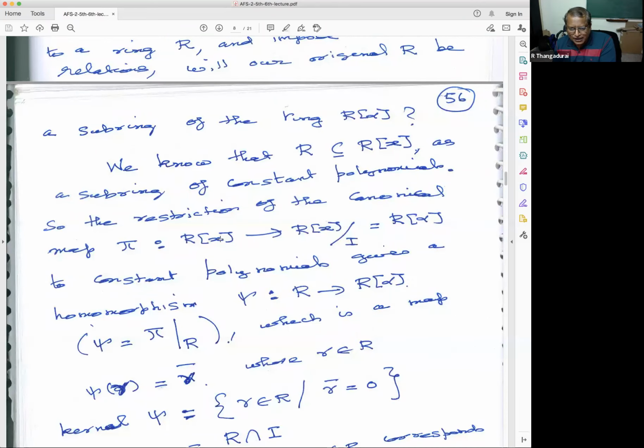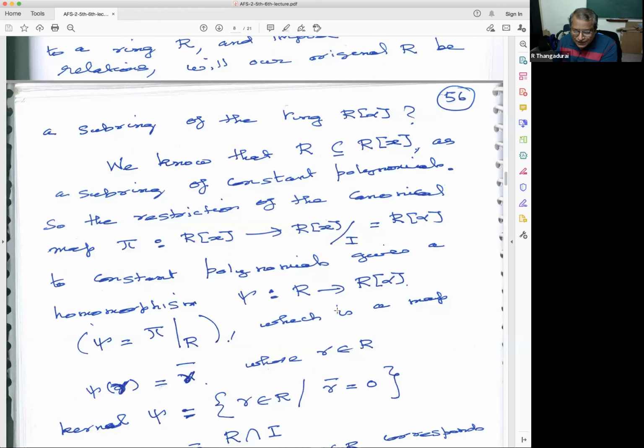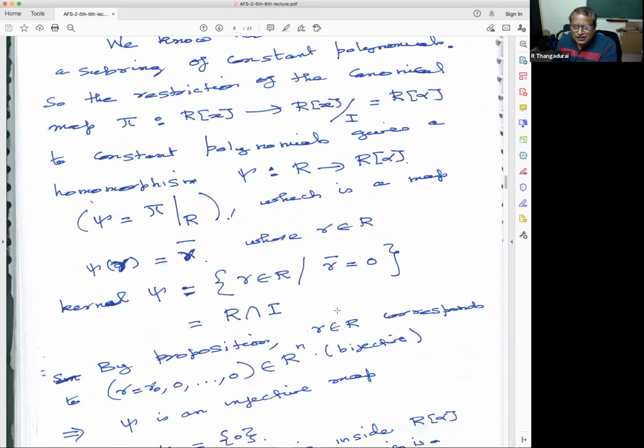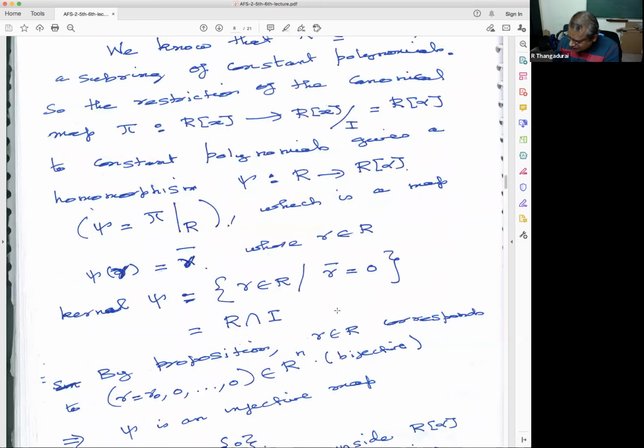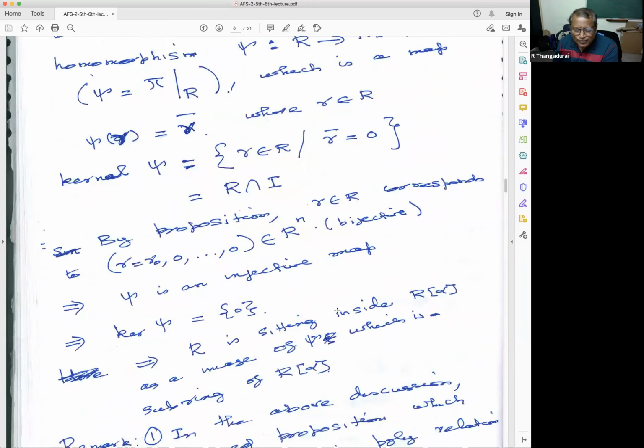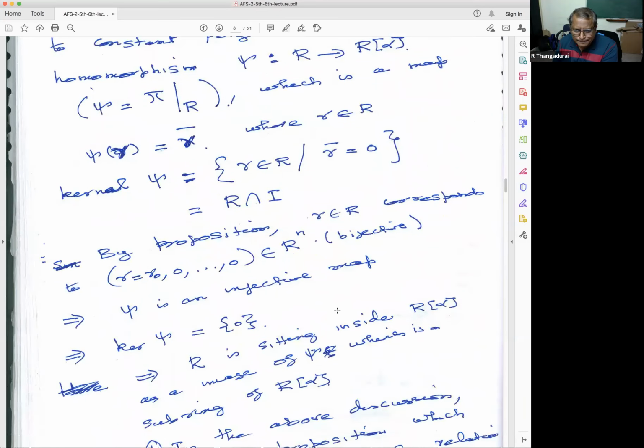I is generated by the polynomial relation satisfied by alpha. Then we restrict this pi to the subring of constant polynomials. That restriction map we call psi. In this case it is injective. In general, it is not going to be injective. Here, monic is really important.